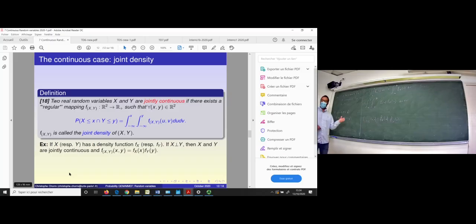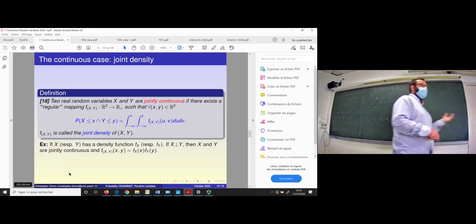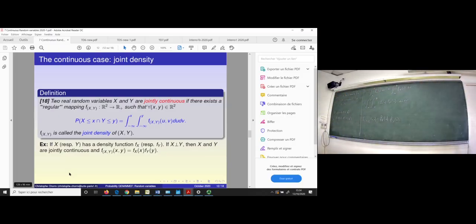You will have parts inside that depend on u and v at the same time. And this is the link with what we are going to do after the holidays, the conditional density function and the notion of conditional expectation. But in the case where they have density functions and they are independent, I have this.